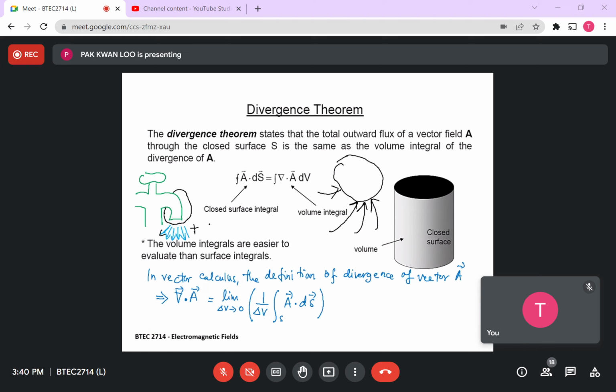As opposed to what I'm trying to explain to you here, this is going to be negative divergence, right? Because everything goes in, nothing comes out. So it's a negative divergence.